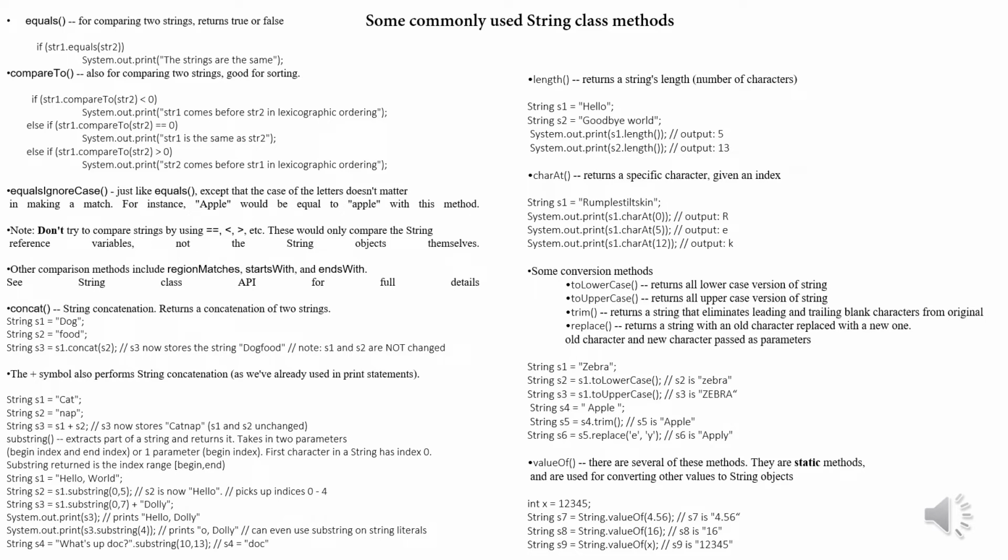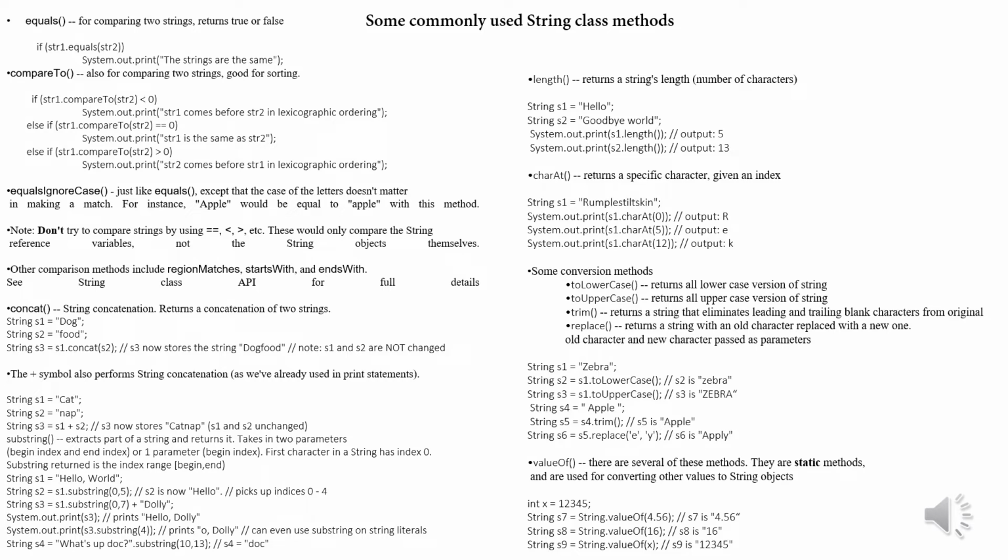So now what we want to print is s1.length and s2.length, right? So s1.length will return the length of a string number 1. What is the length of a string number 1? So string number 1 is hello. How many characters we have in this string? 5 characters, right? So the length of this string is 5.